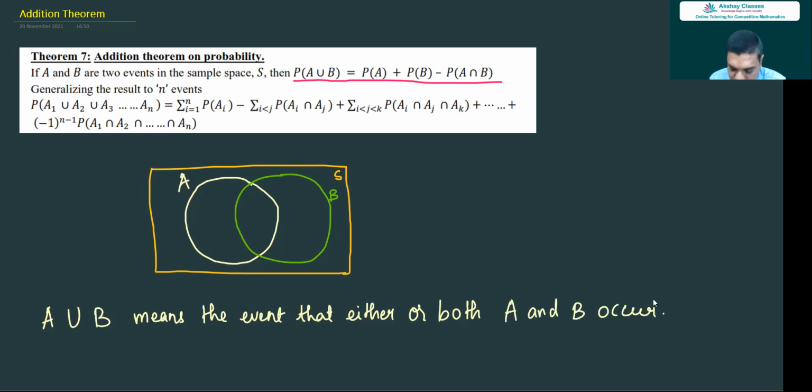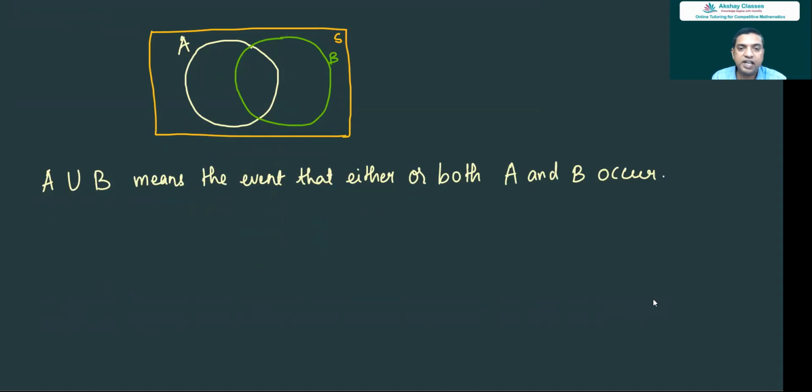That means either A occurs or B occurs or both A and B occur. Okay. Either only A, only B, or both A and B occur.